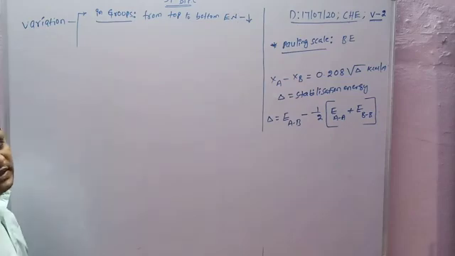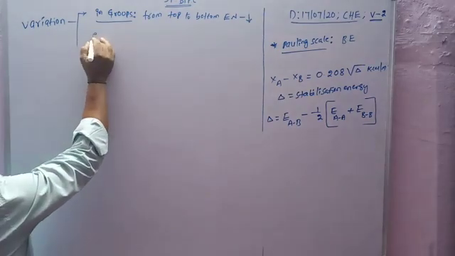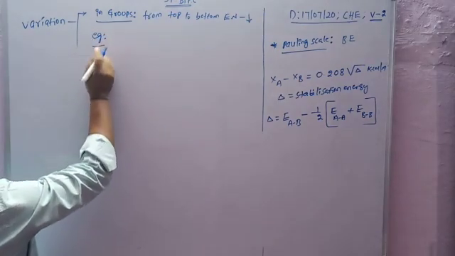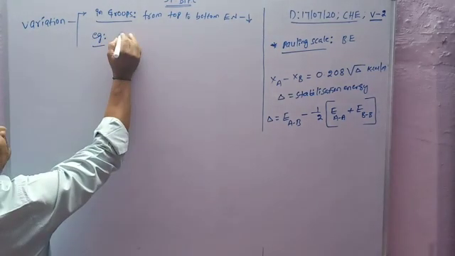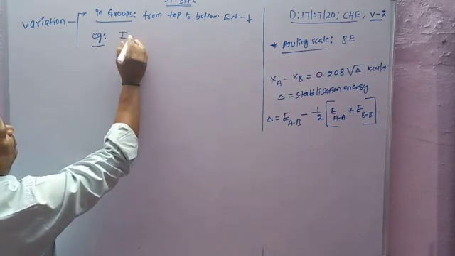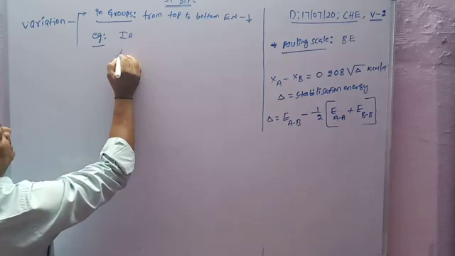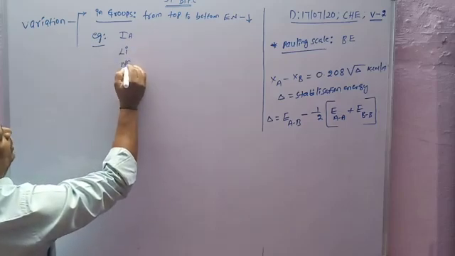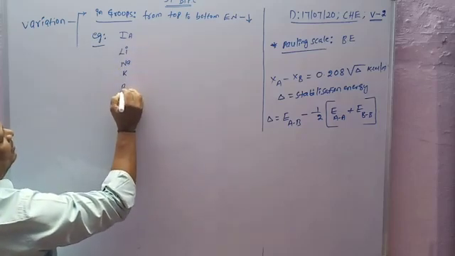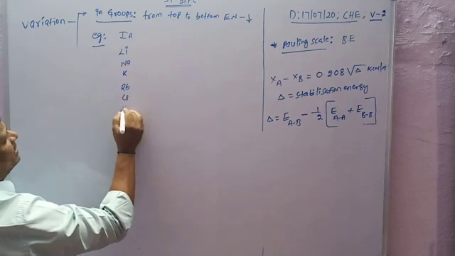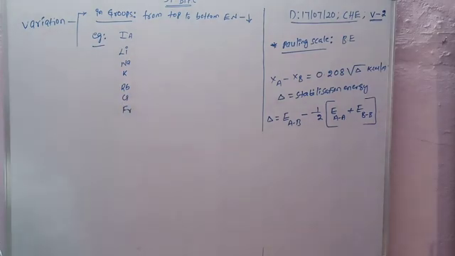Decreases because size increases. So for example, let us consider first A group elements. What are first A group elements? First A group of elements: lithium, sodium, potassium, rubidium, cesium and francium.